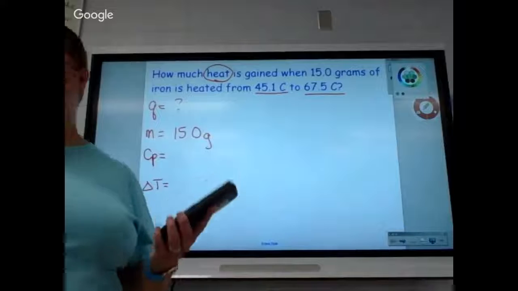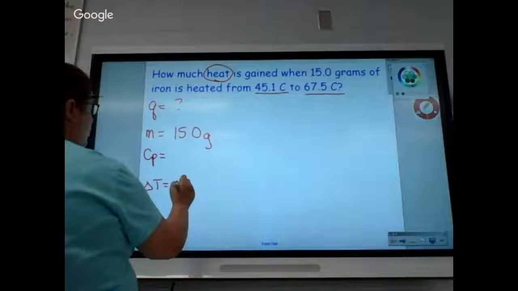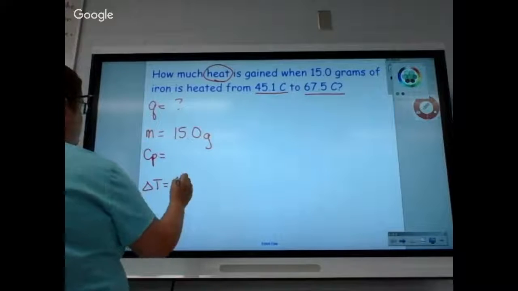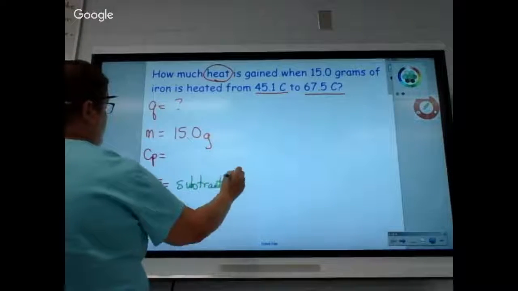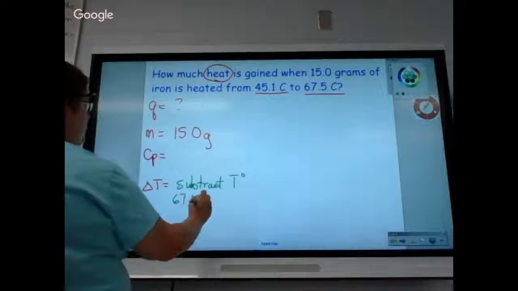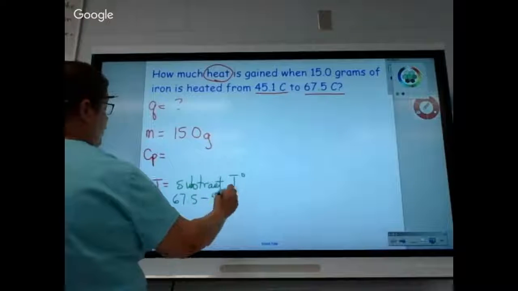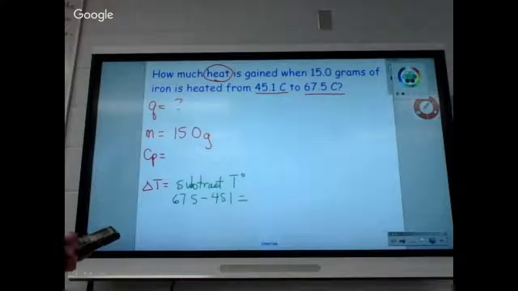Change in means to do what? Subtract. Okay? This means that you're going to subtract temperature. All right, so you're going to take the 67.5 and you're going to subtract the 45.1 to get the new temperature.